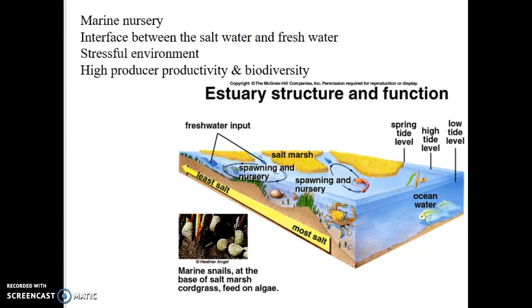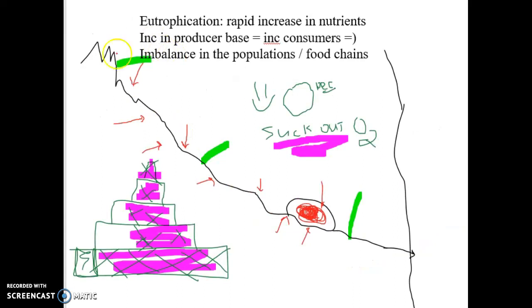So the concern is, as all of those nutrients dump into the estuary and they've increased in concentration because they built up throughout the entire watershed as it was carried down here, what are we doing to the nursery? What are we doing if we pollute and eutrophiate the nursery? How is that going to impact fish populations that are supposed to grow up here and swim out to the reef, there's our reef, and live on the coral reef?